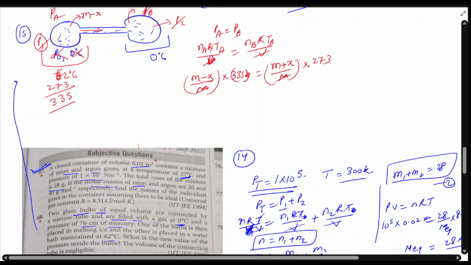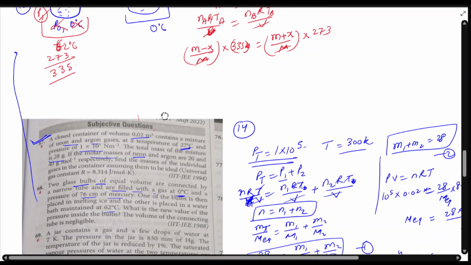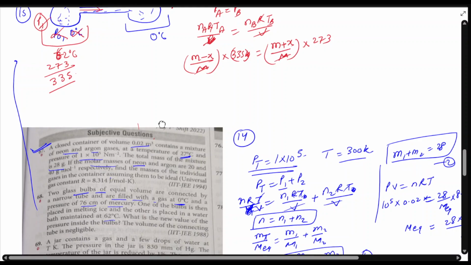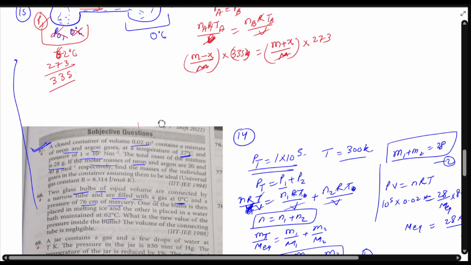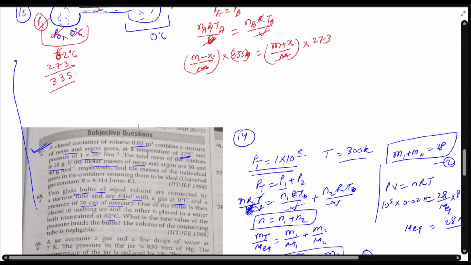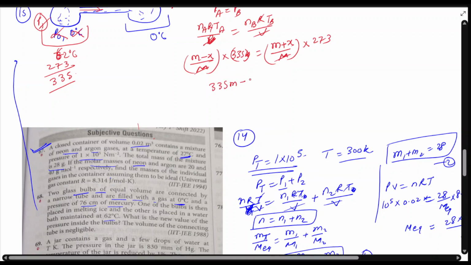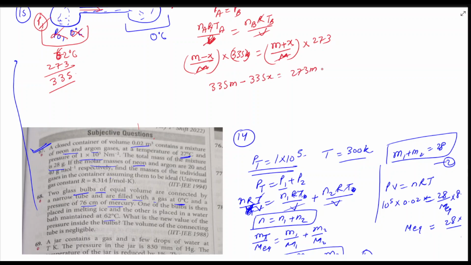What we have to find is the new value of pressure inside. Okay, so first we'll just find the x here. So it will be 335 m minus 335 x will be equal to 273 m plus 273 x. So we'll get x in terms of small m, right?